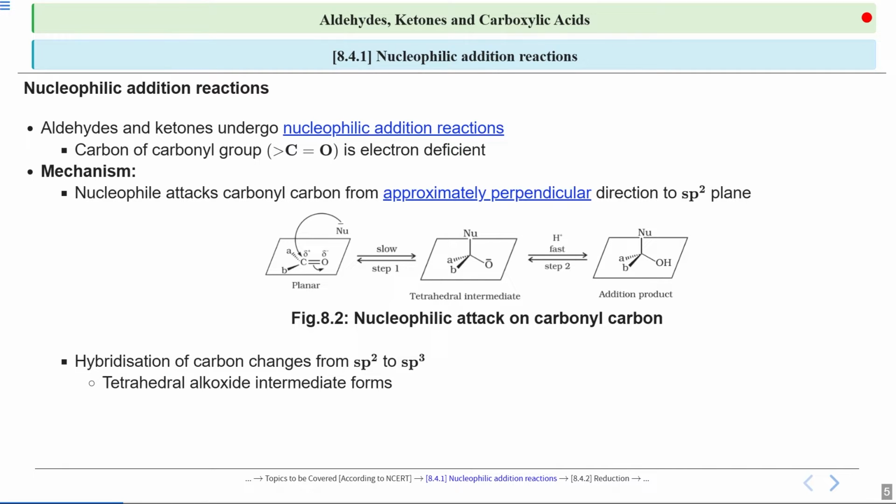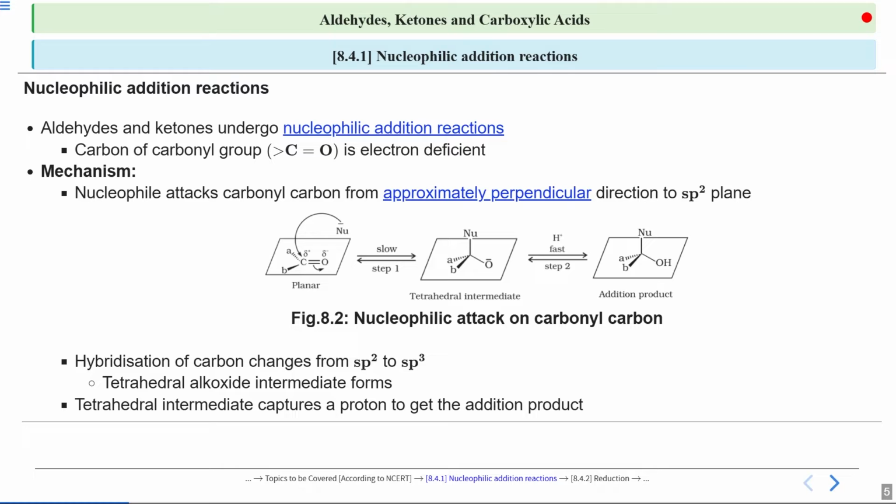So it forms a tetrahedral alkoxide intermediate. This intermediate is a temporary structure where the nucleophile is bonded to the carbon and the oxygen has a negative charge. As you see, the electrons go towards the oxygen as the nucleophile attacks, so the oxygen has a negative charge. Now, the tetrahedral intermediate captures a proton to form the final addition product.